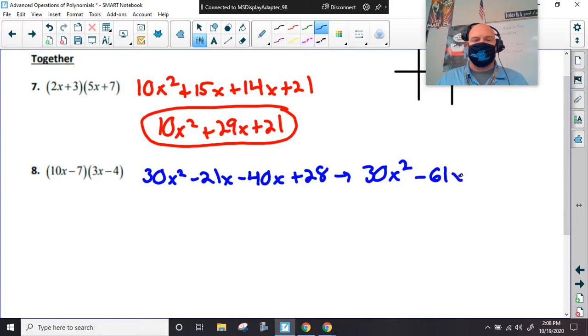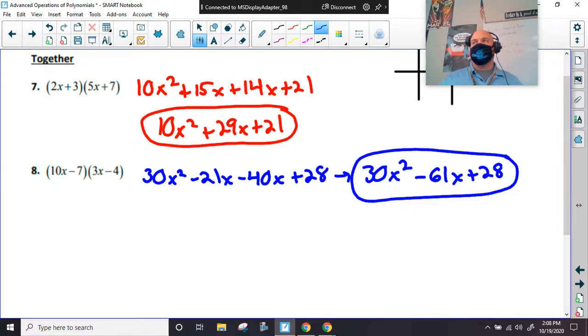Now, what's odd is I was never taught either of these methods when I was, way back when we had to do our homework on stone tablets and chisel them in, because I'm old. I use something called the flow method, which is very similar to double distributive.